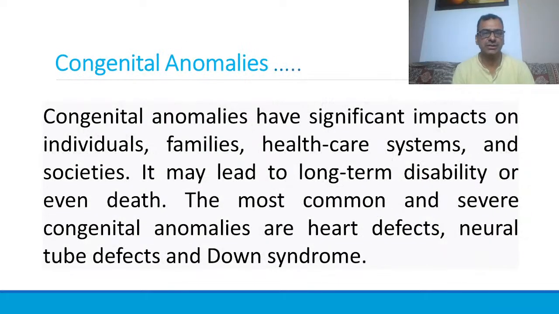So what is the effect of this problem? Congenital anomalies have a significant impact on the individual, family, healthcare system and our society. It may lead to long-term disabilities or even sometimes death.